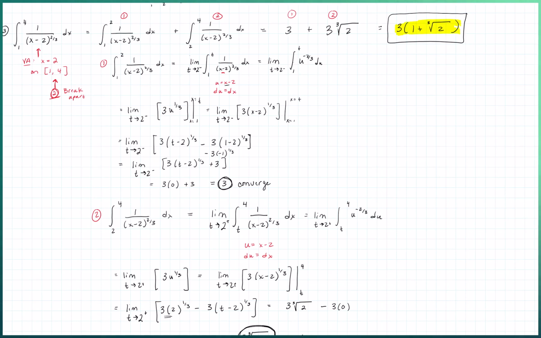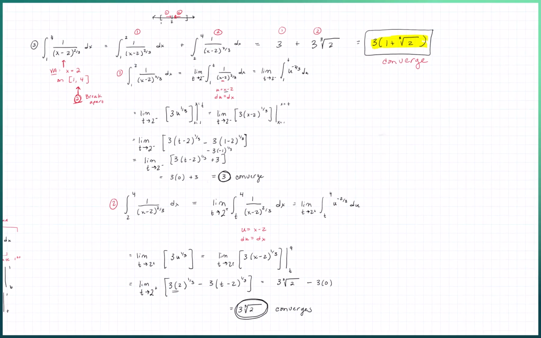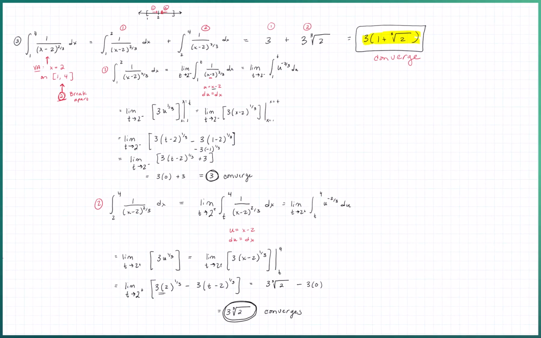Either way, we definitely are getting a converging integral, but on that particular one, we had to look at both pieces. We had to look at two pieces because that vertical asymptote fell in between the two bounds that we were integrating across.